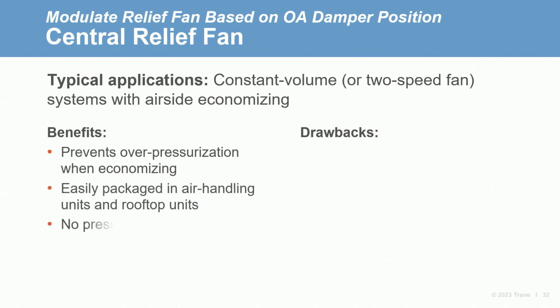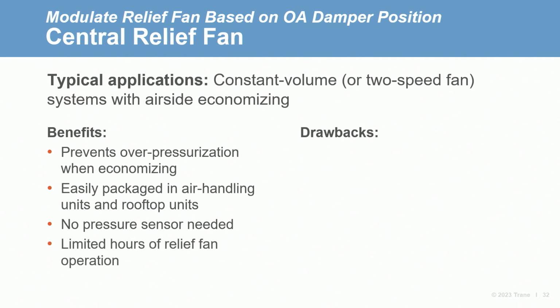The relief fan and controls can be easily packaged in an air handler or rooftop unit. And no additional pressure sensors are required. As Chris mentioned, the relief fan is turned on and off based upon the position of the outdoor damper. This often allows the fan to be turned off for many hours during the year, saving energy.